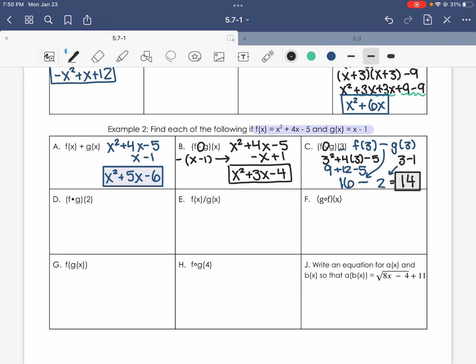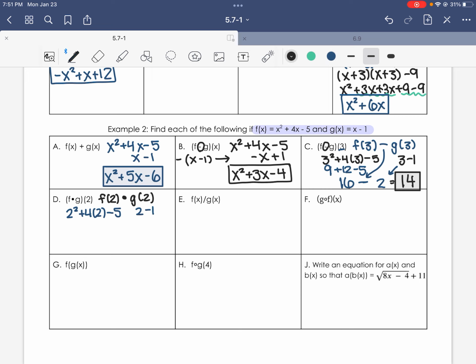For instance, in D, we're going to find f of 2 and g of 2, and whatever those two numbers are, we just multiply them together. So f of 2 is 2 squared plus 4 times 2 minus 5. I'm just using the function and replacing x with 2, which means g of 2 is just 2 minus 1.